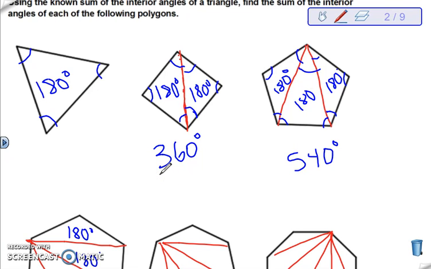So let's say I look at this one. There were 4 sides, and I cut it into 2 triangles. Here I had 5 sides, and I had 3 triangles.